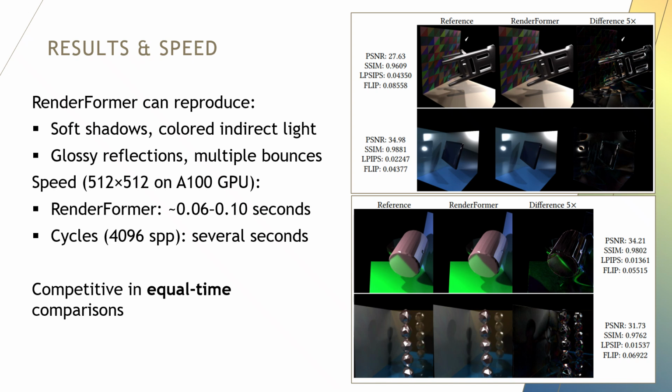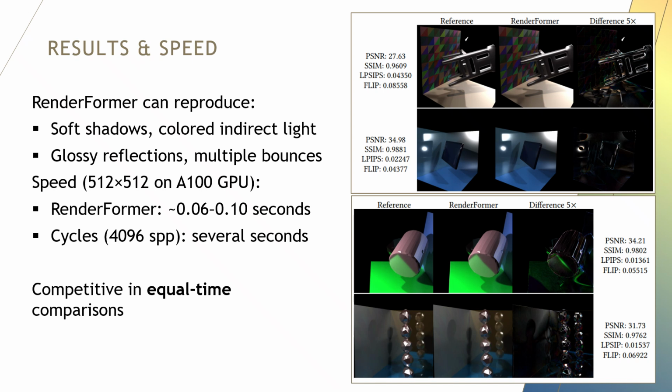Here are some example results from the paper and the project page. RenderFormer reproduces classic Cornell box style scenes with soft shadows, colored indirect light, specular highlights, glossy reflections, and multiple reflections from several light sources. Quantitatively compared to Cycles with 4096 samples per pixel at a 512 square resolution, RenderFormer generates an image in around 0.06 to 0.10 seconds on an A100 GPU.